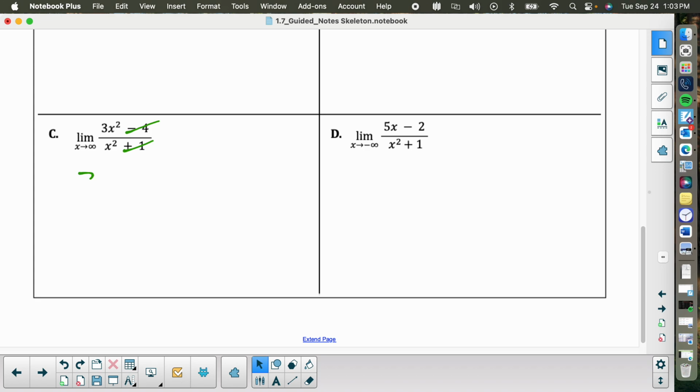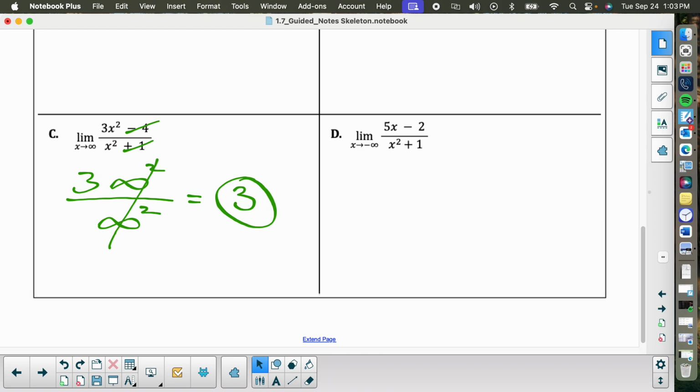If we plug in infinity, you treat them like x's, then you get 3. I like infinity. It works very well in terms of quickness. One over infinity is so much smaller that it doesn't change anything.